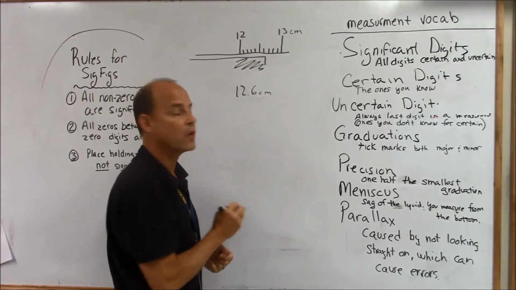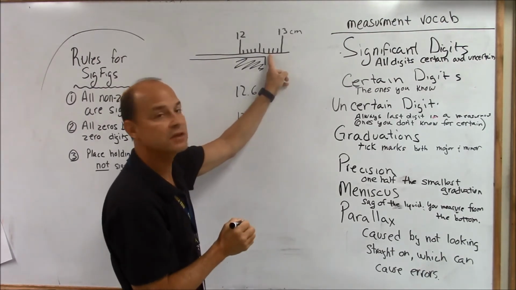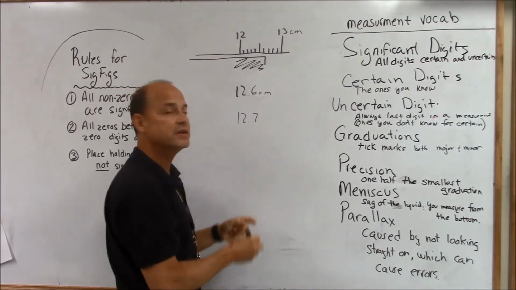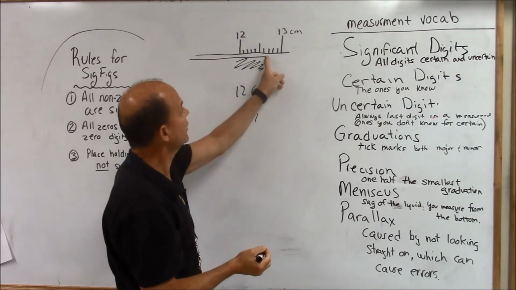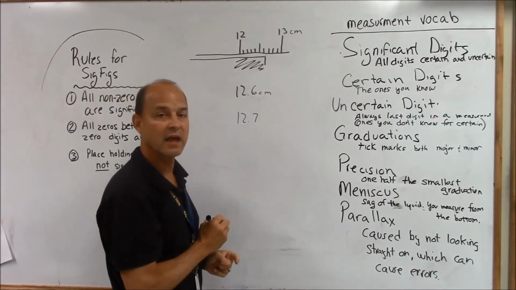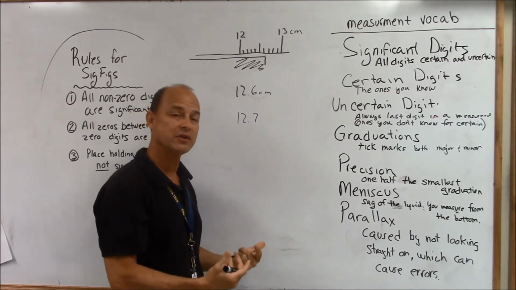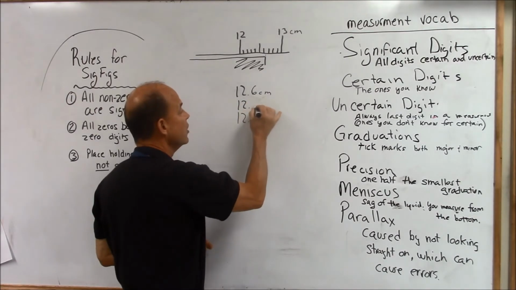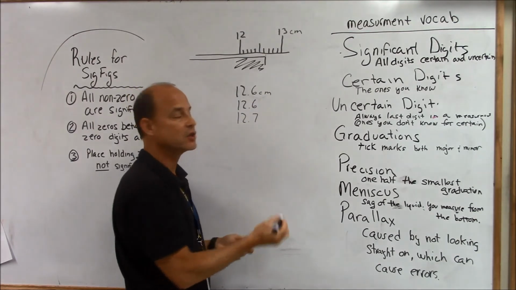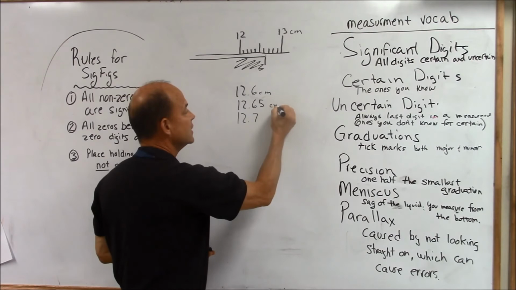But some of you reported it to be 12.7 centimeters because, hey, it's almost there. Well, this is where that uncertainty comes in. The length of the card falls somewhere in between 12.6 and 12.7. So it's okay to guess at that last number. In fact, I want you to guess at that last number. It's 12.6, and let's just call it 12.65 centimeters is that measurement.